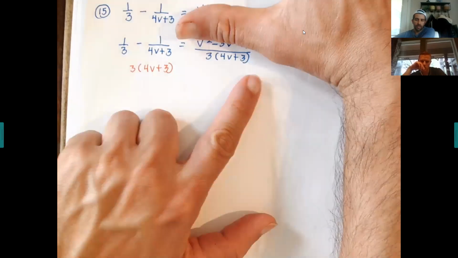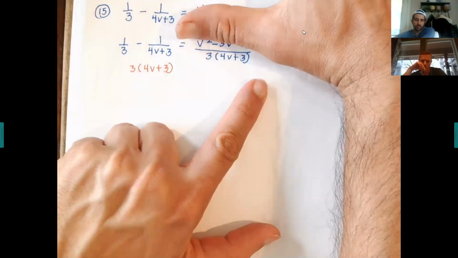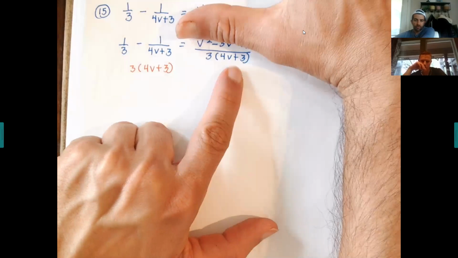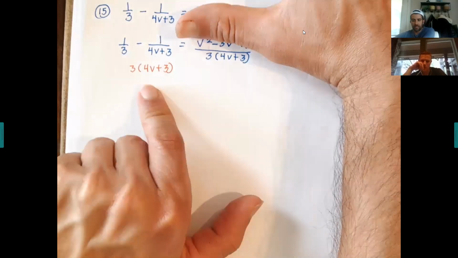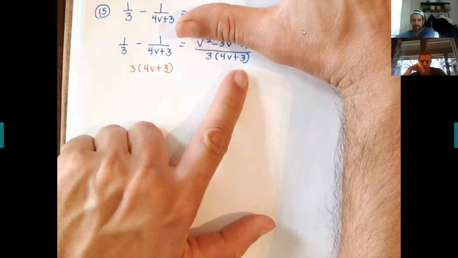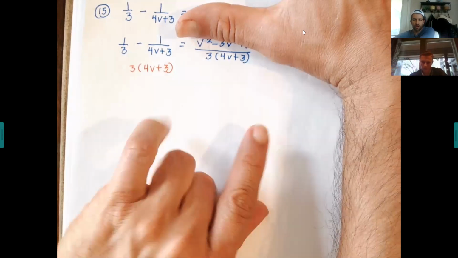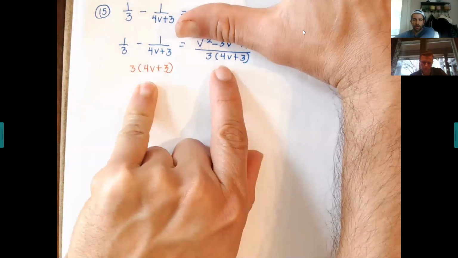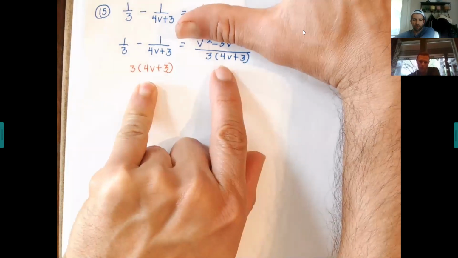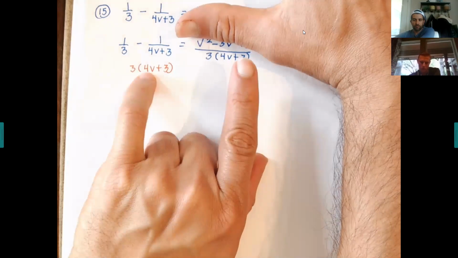Now, not a great example for this one, because what do I have here that I don't have here? Well, nothing. They're the same. Does that make sense? If this had been different, then you're comparing those two denominators and finding a way to get the common denominator here.